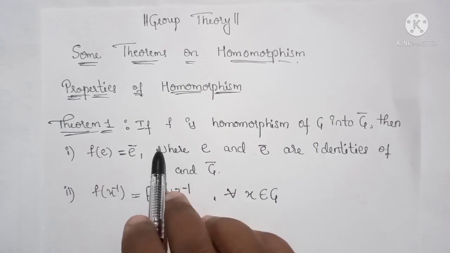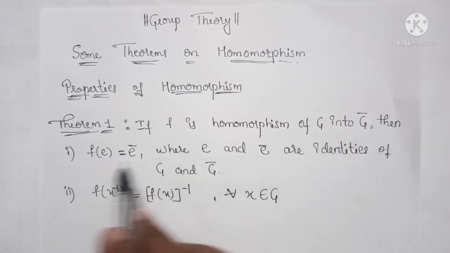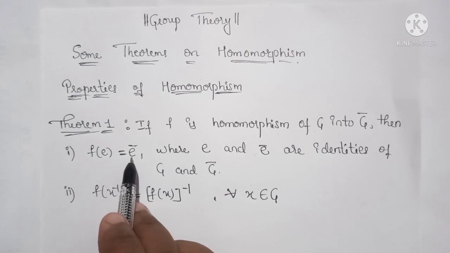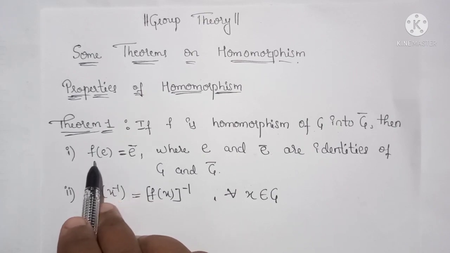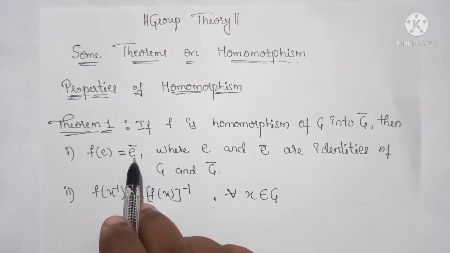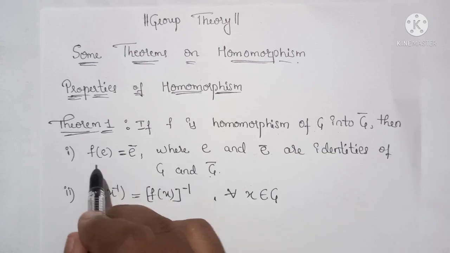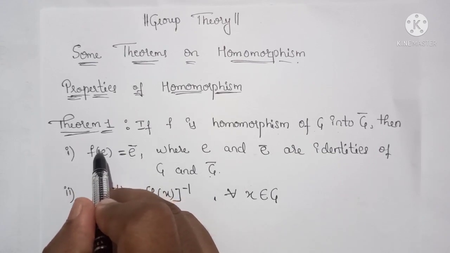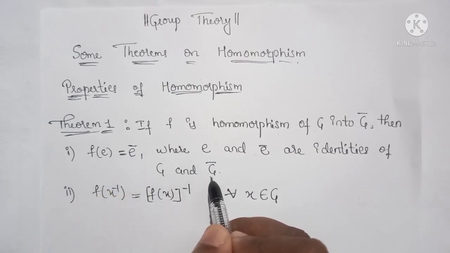First theorem: if f is a homomorphism of G into G bar, then f of e is equal to e bar. f of e means the image of the identity element is equal to the identity element which is in G bar. Okay, that means here this element e is from G and this e bar is from G bar.